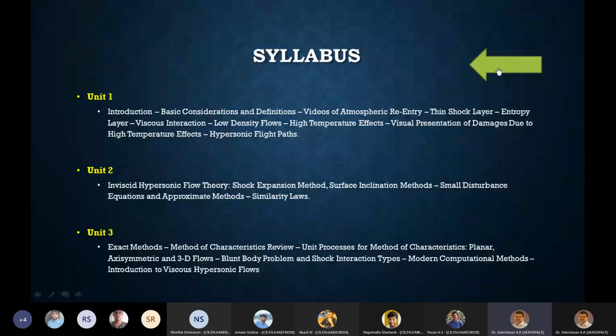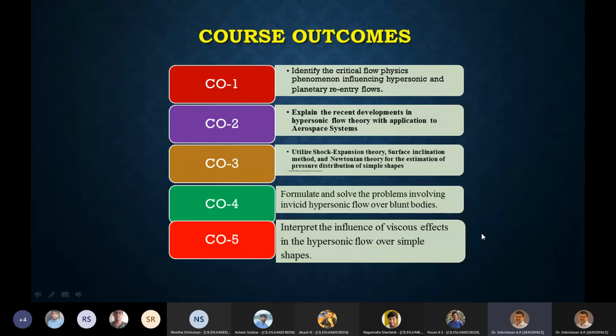So, course outcomes. As you know by now, course outcomes are what students are supposed to accomplish by attending this course. From the student's perspective, what he or she will be capable of doing after undergoing this course successfully is what is usually listed as course outcomes. CO1 is identifying critical flow physics and phenomena influencing hypersonic and planetary re-entry flows. CO2 is being able to explain the recent developments in the analysis of hypersonic flows.